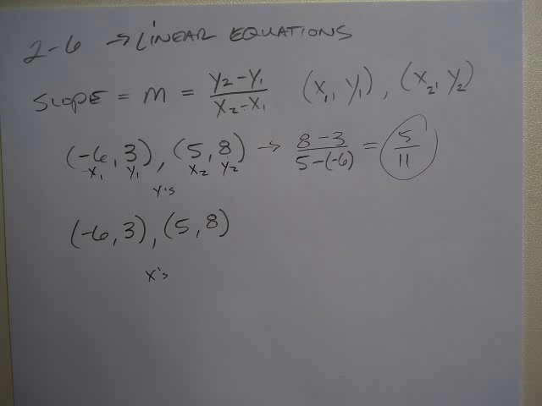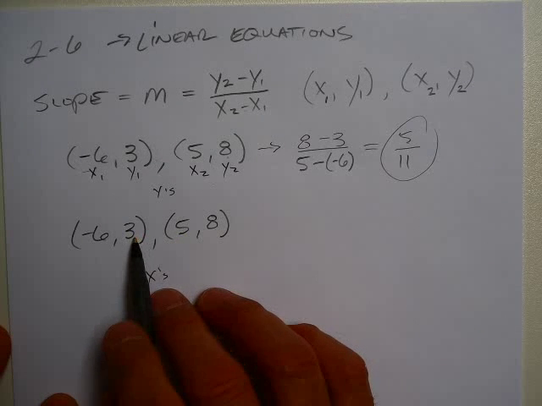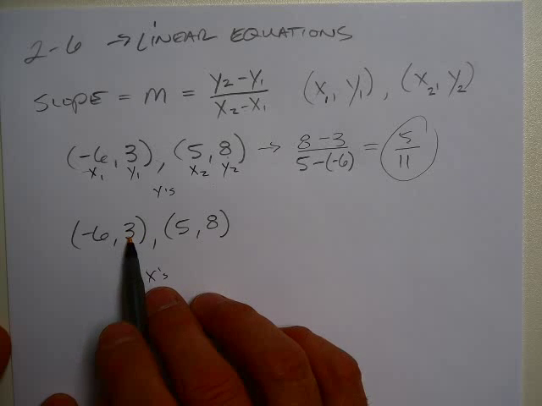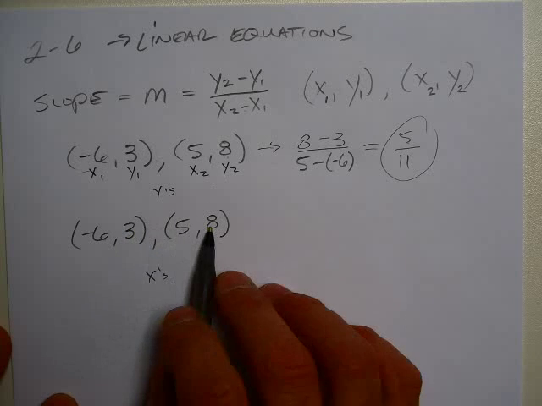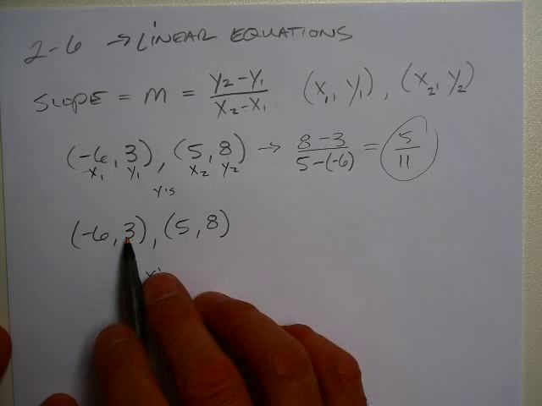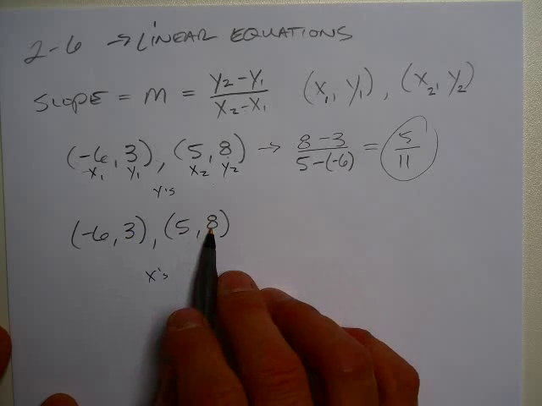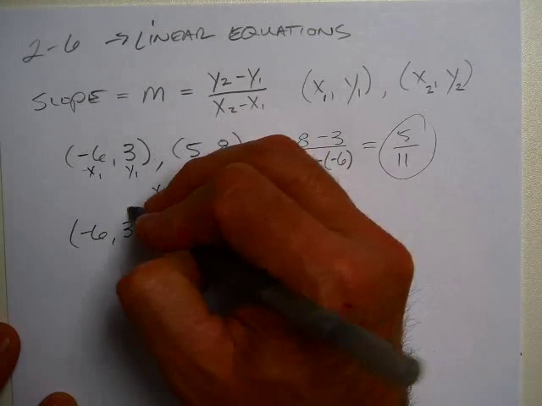So instead of putting these variables down and all that, what you can do is say, okay, here are my y's, the 3 and the 8. How much change has to occur to go from 3 to 8? Think about a number line.